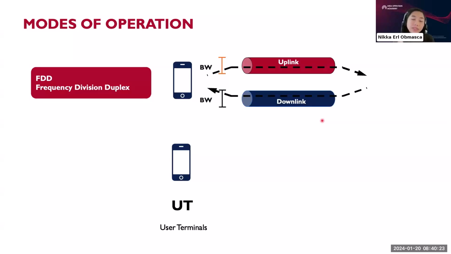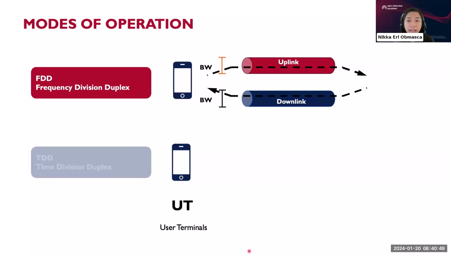It allows simultaneous communication in both directions. This kind of duplexing is common for 4G and 5G cellular networks, enabling more efficient and reliable bidirectional communication between the two.